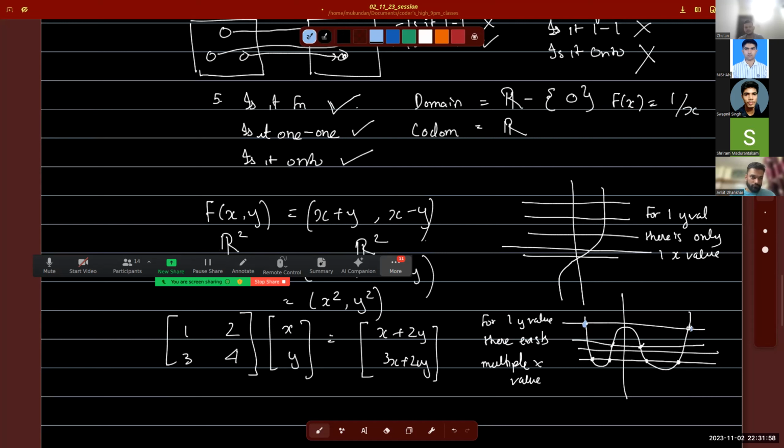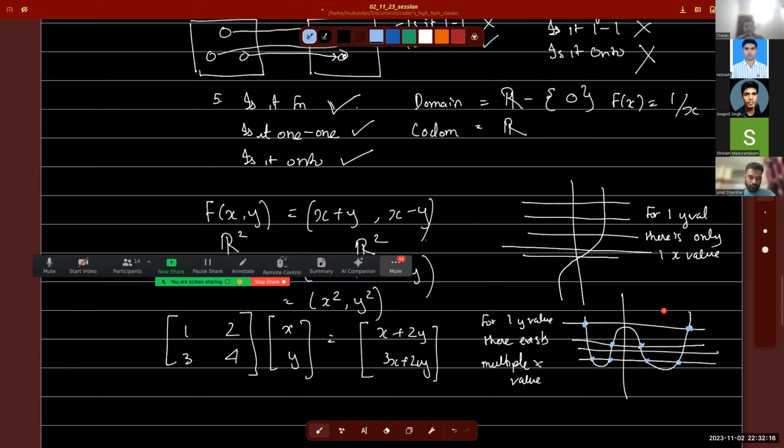If you take a look at it, what we essentially have here is different inputs giving us the same output. That's all it is doing. There is nothing more to this horizontal line test.